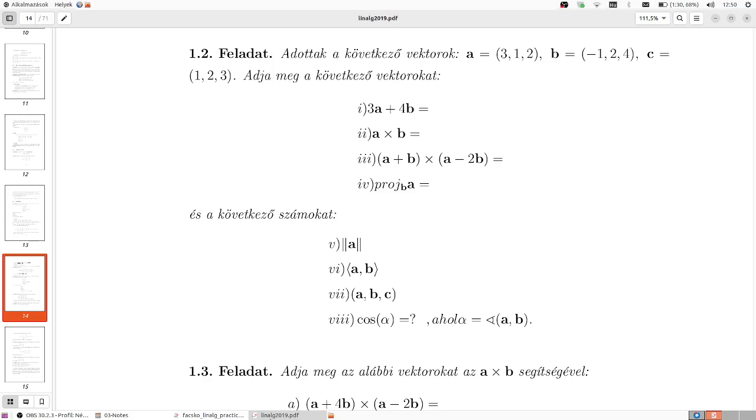Because the next task is to calculate the triple product A, B, C. That is A cross B, scalar product C. However, A cross B is here. And we need C, that is 1, 2, 3. This is 3.